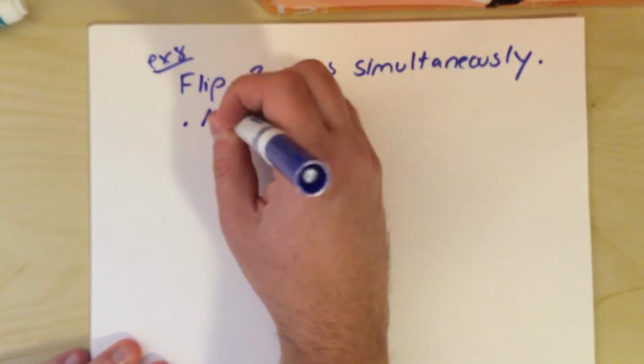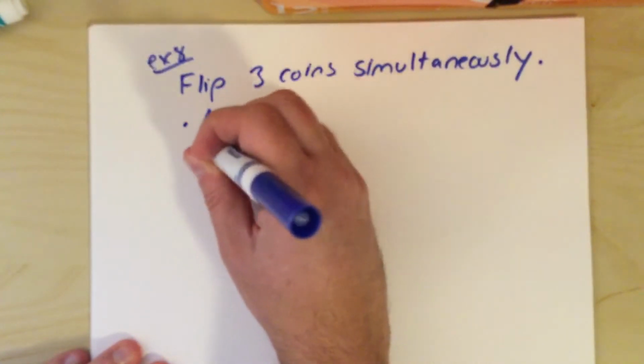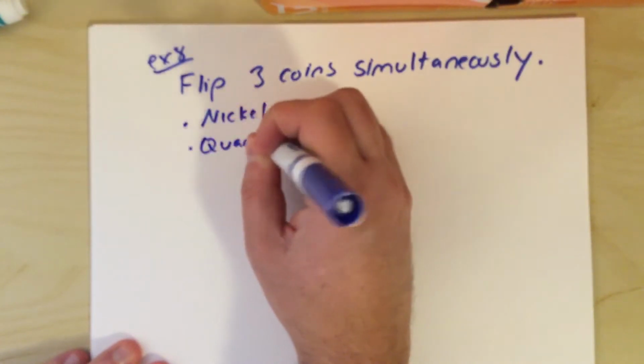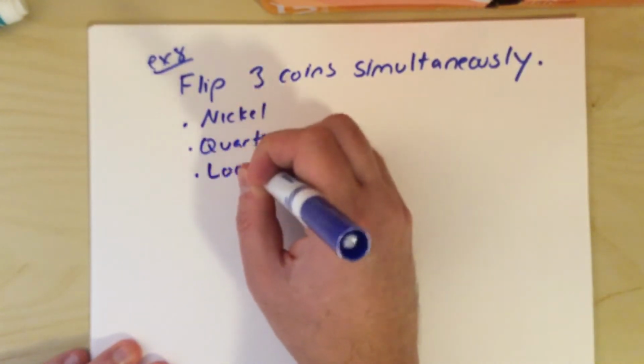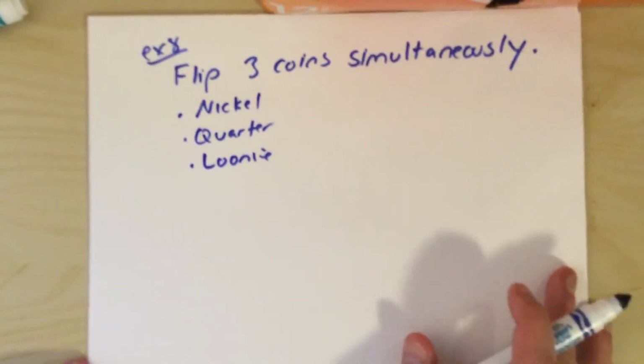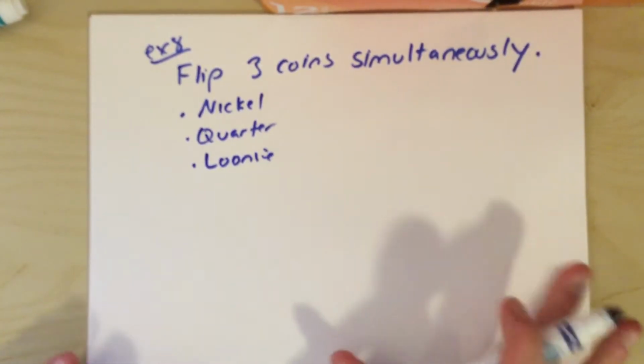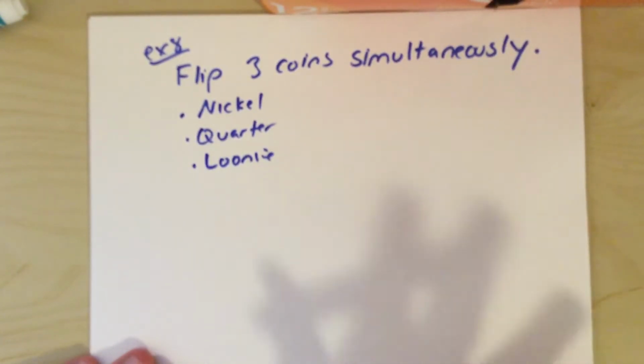We'll say it was a nickel, a quarter, and a loonie. And we want to know what the tree diagram looks like. So pause the video, try to draw the tree diagram here. Most people actually draw it wrong.